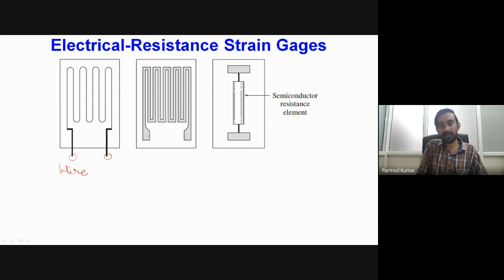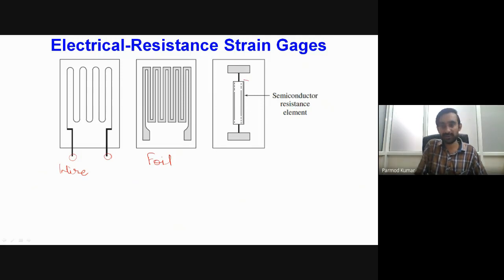Then another structure is here where we have a very thin filament, and that thin filament is considered as the device for measurement of the strain. This type of strain gauge is known as the foil type strain gauge. Then we have another type of strain gauge, which is known as the semiconductor resistance element type strain gauge.